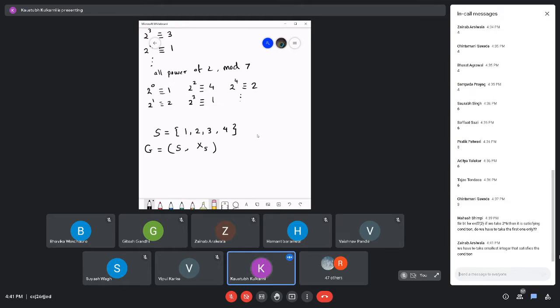What you have to do is find an element such that when repeatedly operated with itself, it generates all other elements.